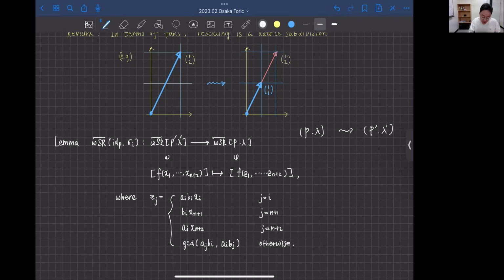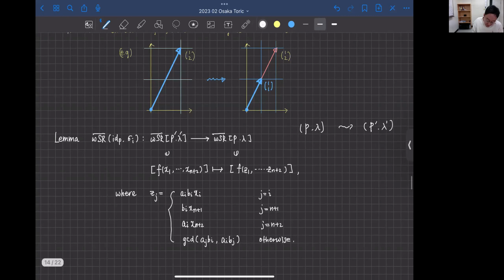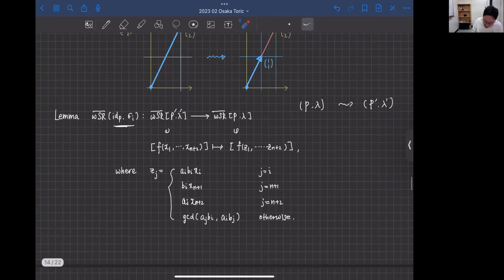The cohomology is contravariant. So our first lemma is the map on the weighted Stanley-Reisner ring corresponding to this compatible pair, from the weighted Stanley-Reisner ring of P prime lambda prime to the weighted Stanley-Reisner ring of P and lambda.